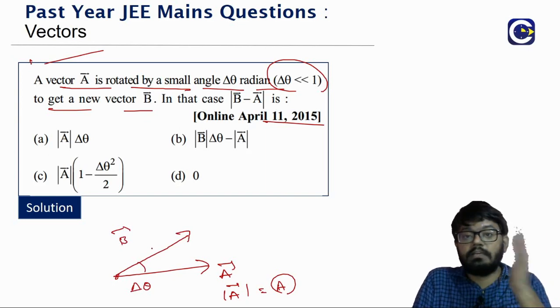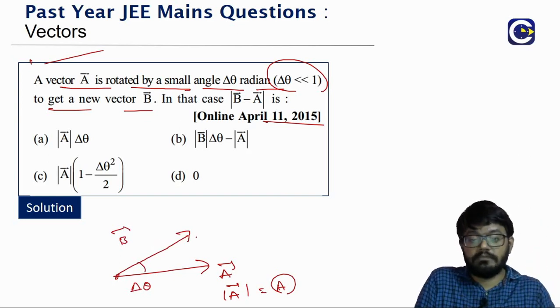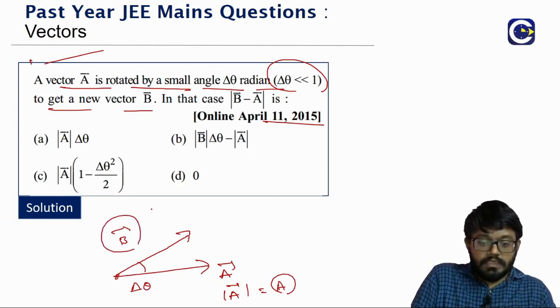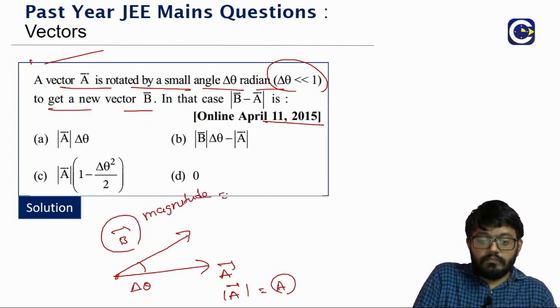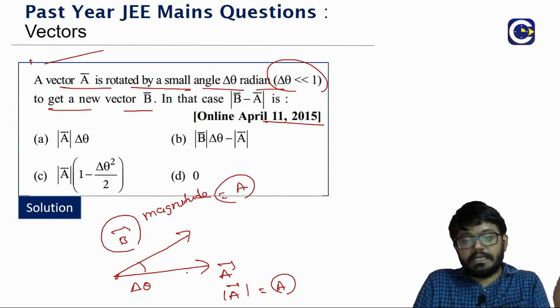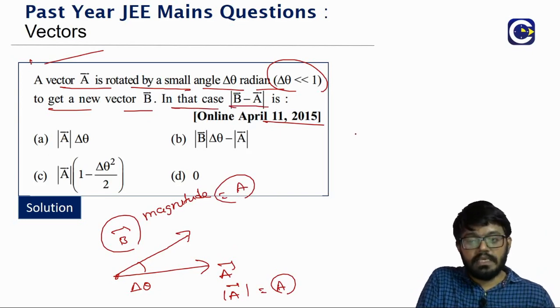Because when you rotate a vector, the vector value will change. Why? Because a vector also involves the direction part. But if you are simply rotating it, what will be the magnitude? It will not change because you are only rotating it. Magnitude will still be A only. Then they are asking what is the value of mod of b minus a.